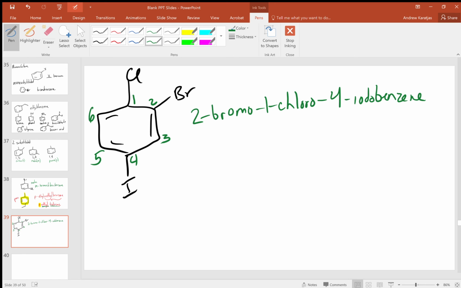But the common names can also come into play here as well. So if you were going to name this one without common names, we would start the numbering down here at this bottom chlorine and go around this way.